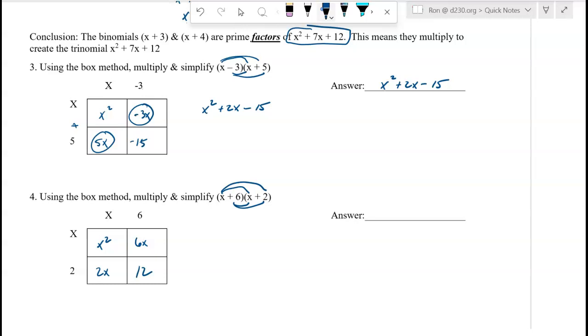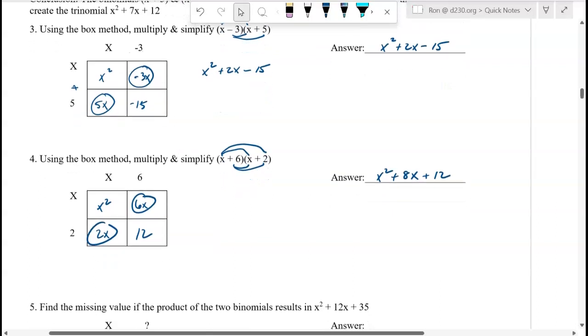So this would give me x squared. 6x plus 2x is going to give me positive 8x, so I add it. And then 12 is positive, so I'm going to add 12.